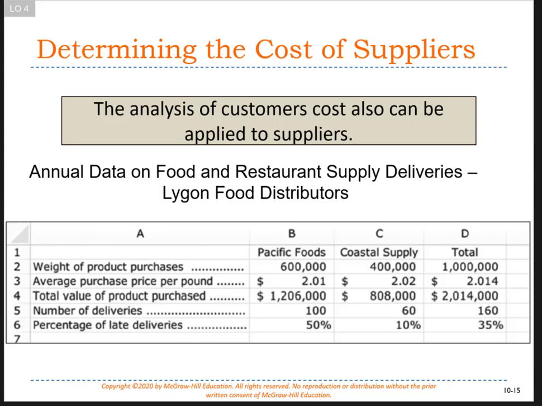Now, one might say, okay, we should just stop serving Mario that same way. Maybe there are some things we could build in incentive-wise to help reduce the number of orders. Maybe we could offer an incentive for doing so.